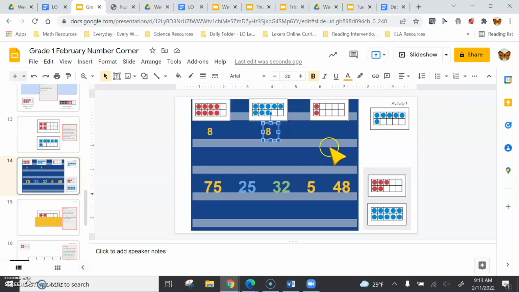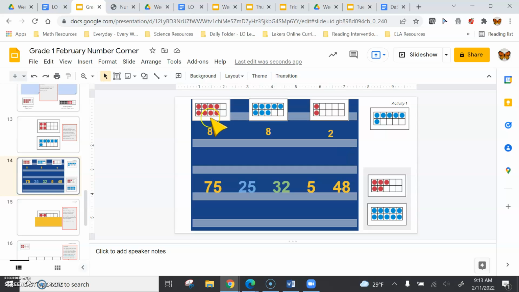Oh, we have 8 there too. That's interesting. And then we have another 10 frame here. How many dots do we have on that one? 2. So now we have 8 plus 8 plus 2. Ooh, that could be tricky.